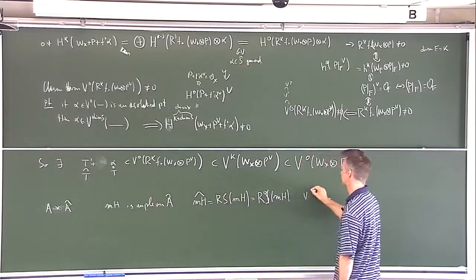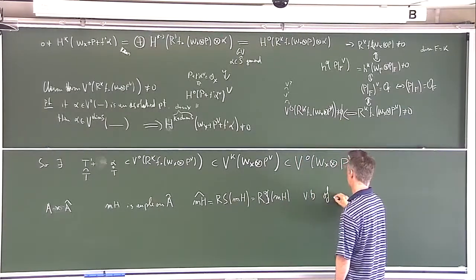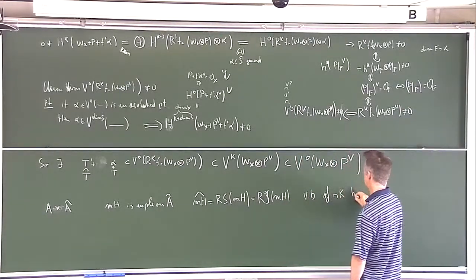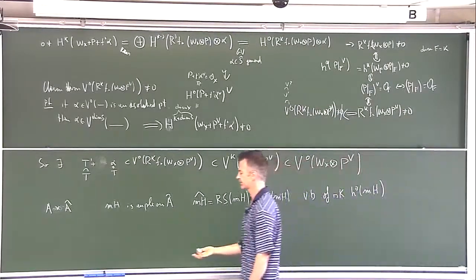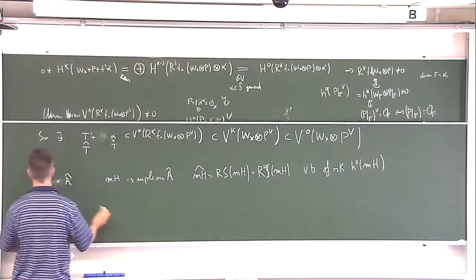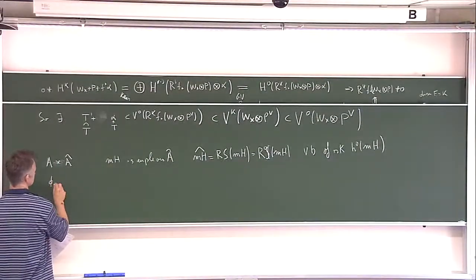It's a vector bundle of rank h0 of M_H, and it has the property that, so we've used this already, but I'll use it again, so I might as well remind you.